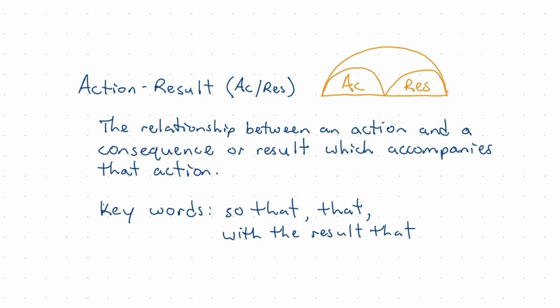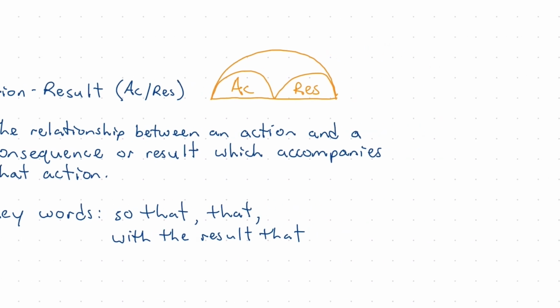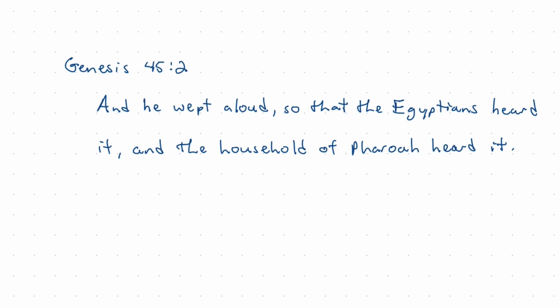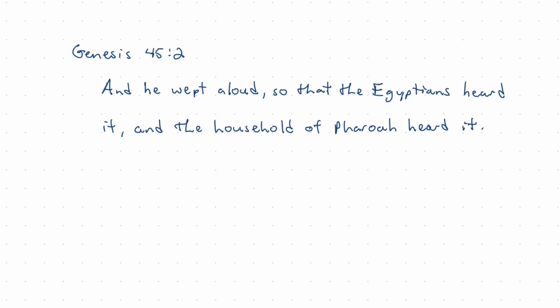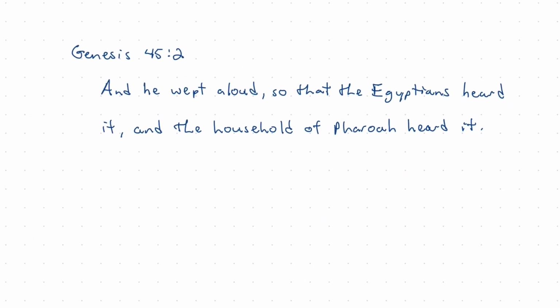Let me give you an example of what this looks like in a text, and we'll arc a scripture text together. Genesis 45:2, "And he wept aloud so that," there's our key words, "so that the Egyptians heard it," and here's a key word pointing us to the relationship of series or maybe of progression, and we can keep that in mind as we arc this out.